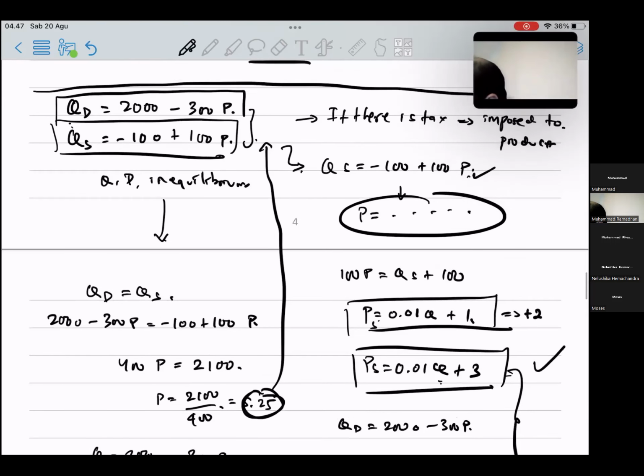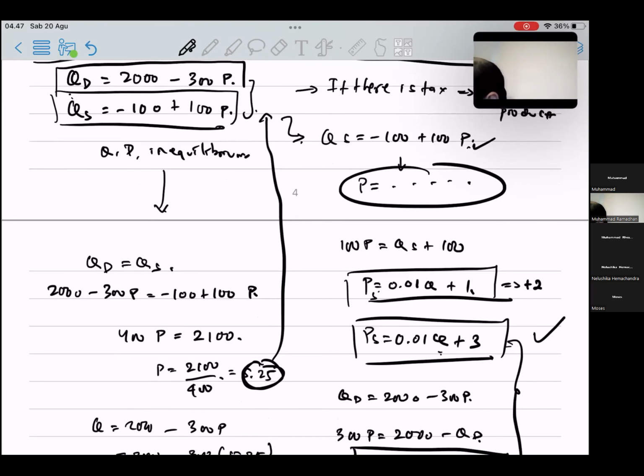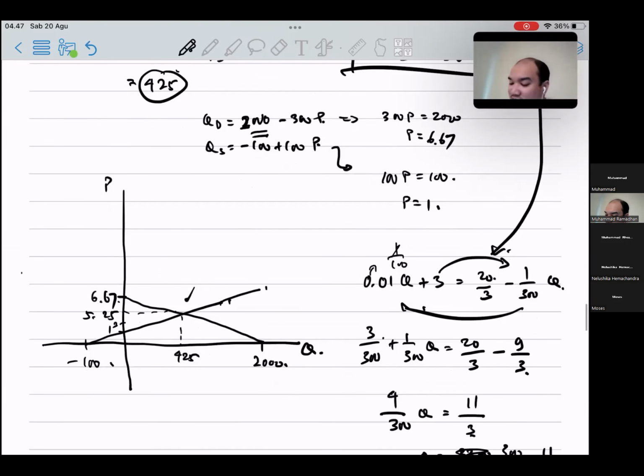And when P equals 0, you solve for Q, and Q is minus 300. This is 3, and this is minus 300. So the supply curve will shift up to here, and then your equilibrium will change.